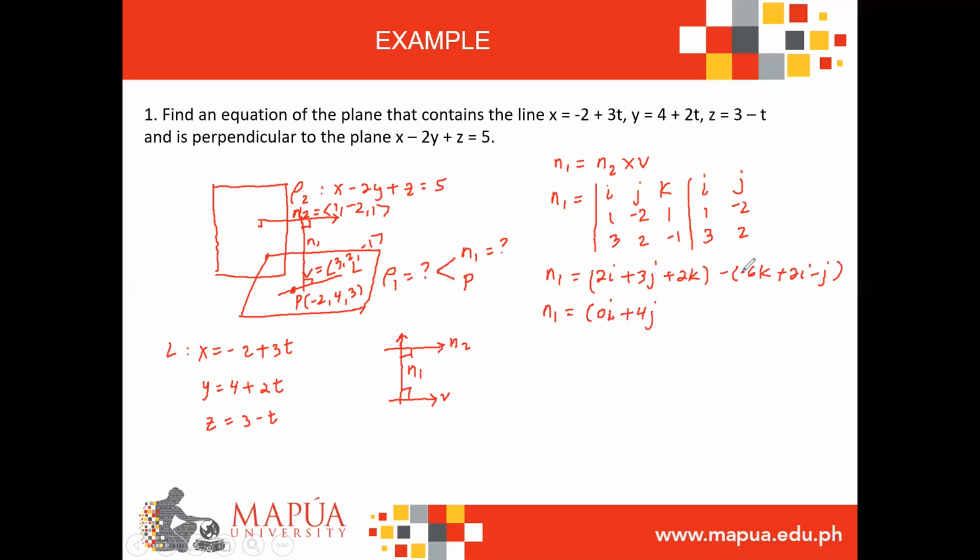Then lastly, 2k minus 6k, that will be negative 8k, so plus 8k. So therefore, the components of N1 in bracket form will be 0, 4, 8.